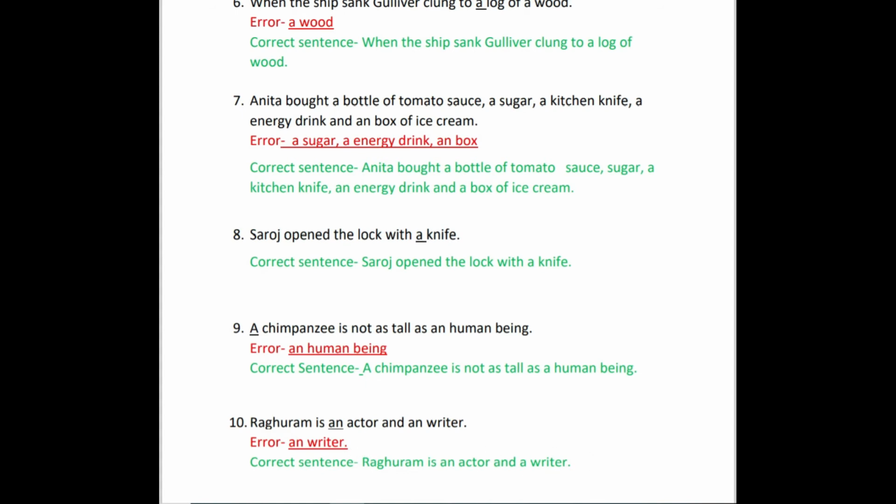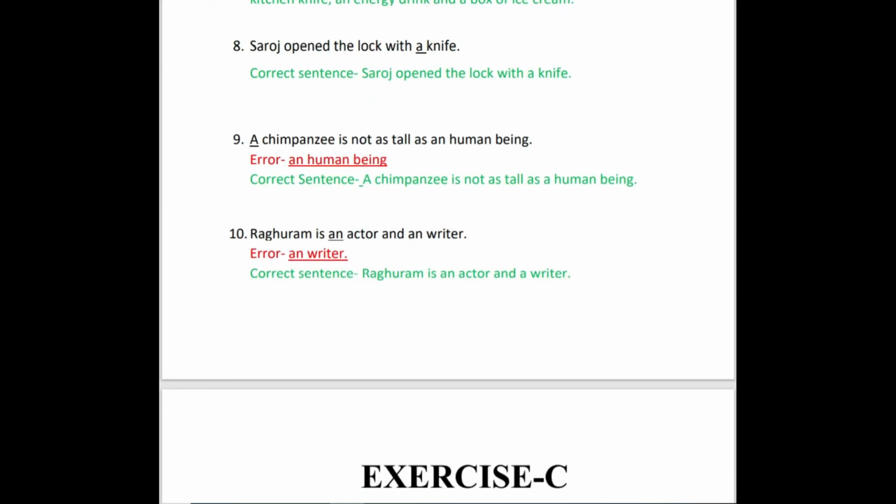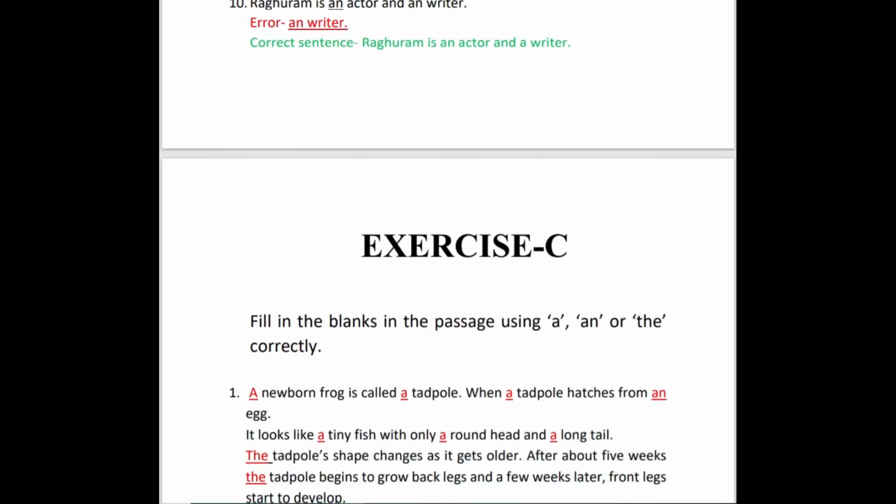Okay, now comes our next exercise. What is that? It's exercise C. So, guys, I hope you have understood all the rules and points we have done in exercise A and B. If you are well acquainted with all the exercises explained in A and B, then you can easily solve the next exercise.